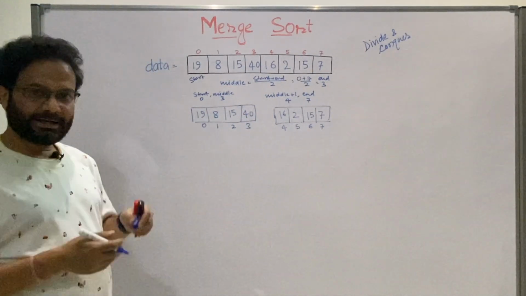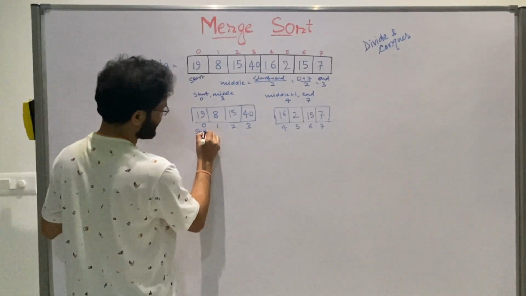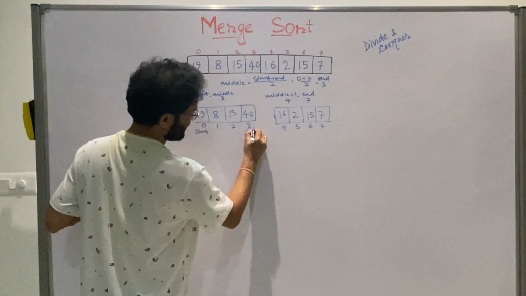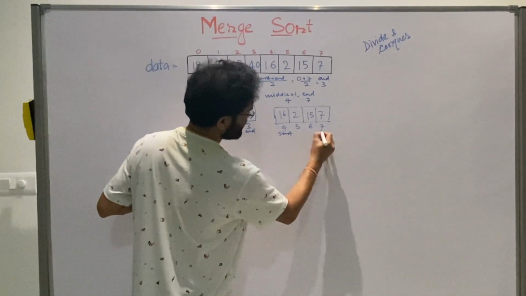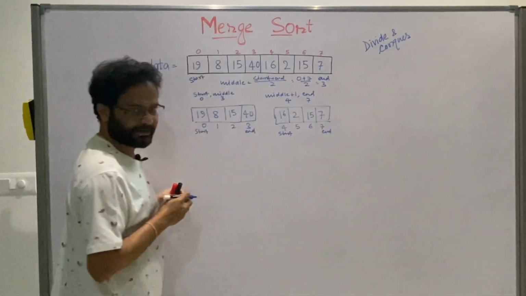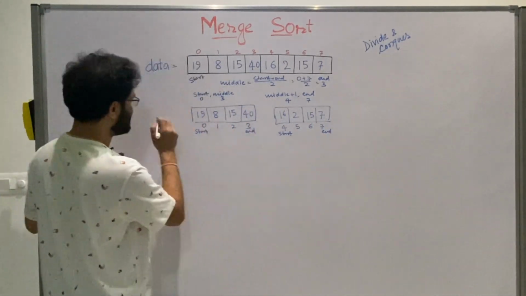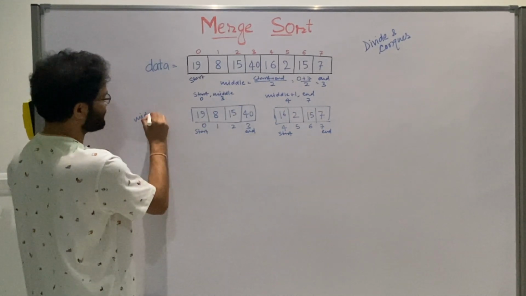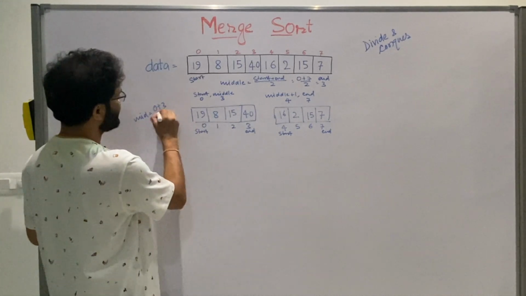And we will do the same thing again. In this case, what is the start? Start is this point, ending is this point. For this array, this is the start and this is the ending. Again we will find the mid. What is the middle coming to? Start plus end, 0 plus 3, divided by 2.